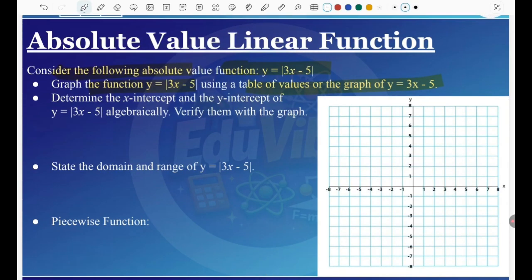So we have 3x minus 5. We have some points. We start from here. We have a first point over there, then another point over there, and another point over there.